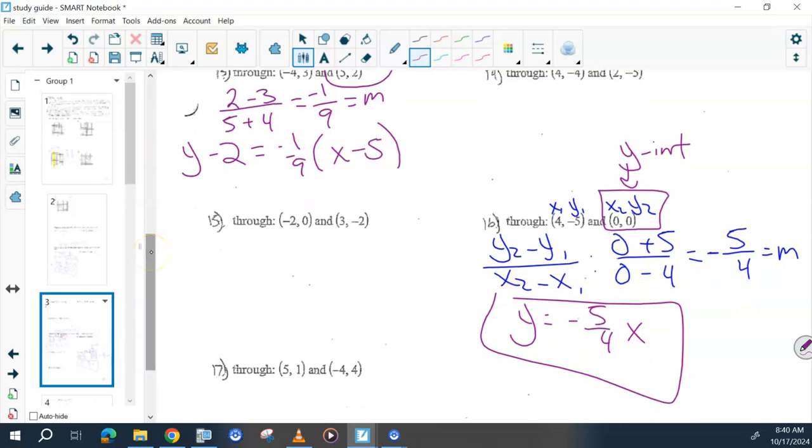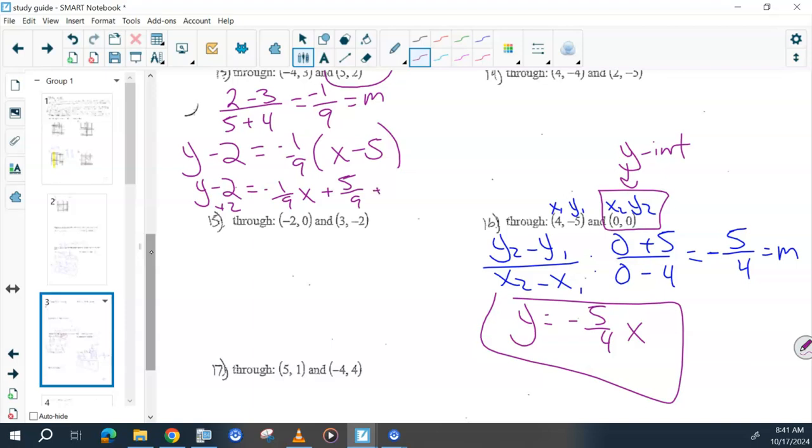This one is going to give you fractions. So y minus 2 equals negative 1/9 x plus 5/9. And then I would add 2 to both sides, either doing that in your head, algebraically, or in the calculator.